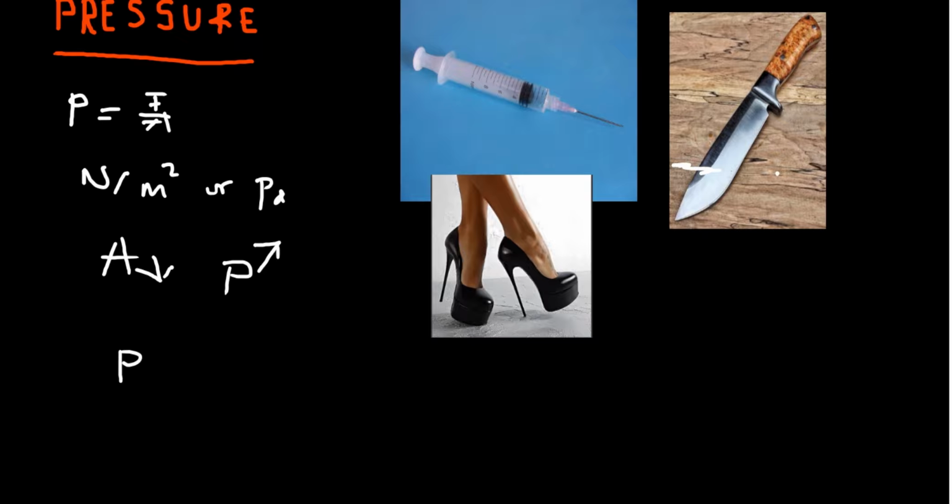So let's try to show it by using this formula. P is equal to force divided by this area A. So as this area decreases, this pressure P will also increase.